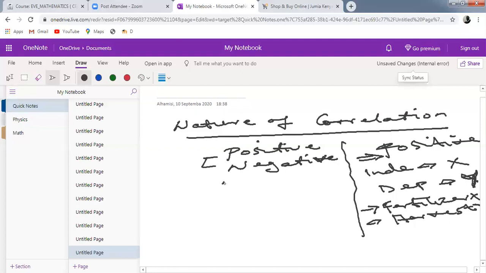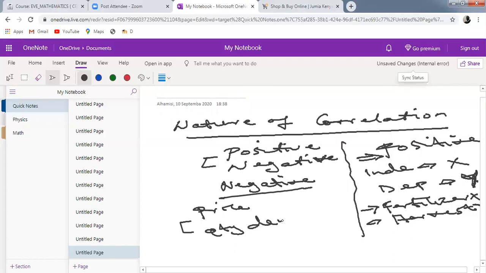When we talk about negative correlation, it is a case whereby when you increase the independent variable, the dependent will go down. Like the example that I gave there of price and quantity demanded.